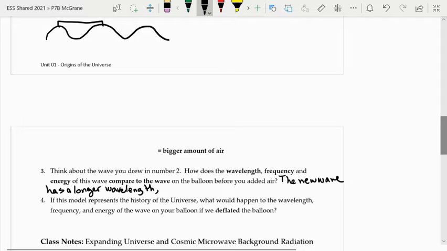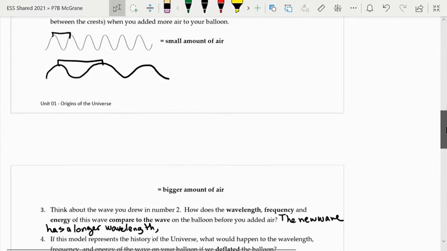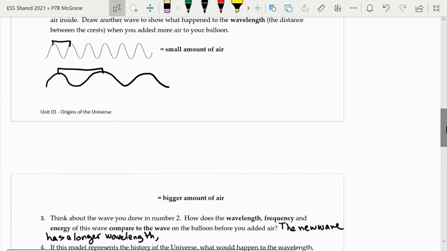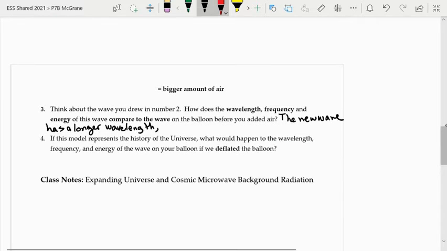And if it's got a longer wavelength, if I go back up to this wave and look at the frequency, well, if this is the new wavelength, then this wave is not going to fit as many times as this wave can. This wave's got a shorter wavelength. It's more frequent. There are more waves that fit. This has a longer wavelength. It's less frequent. Less waves fit.